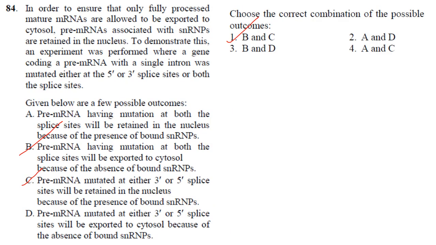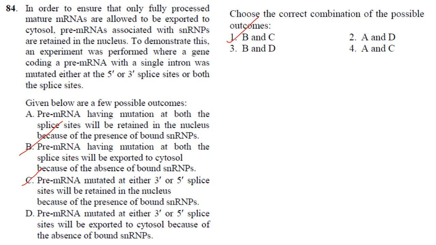Then next one. In order to ensure that only fully processed mature mRNAs are allowed to be exported to the cytosol, pre-mRNAs associated with snRNPs are retained in the nucleus. So snRNPs help in splicing. So pre-mRNAs associated with snRNPs are retained in the nucleus.